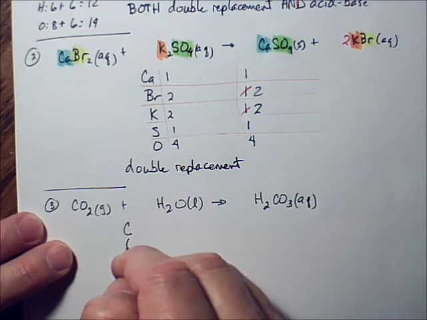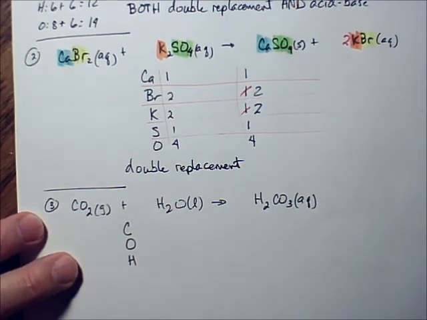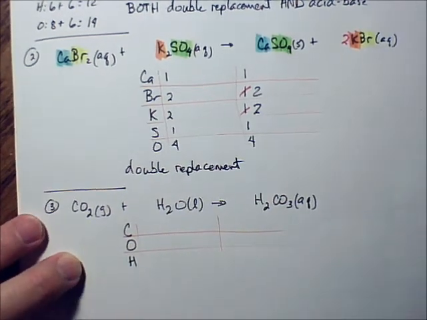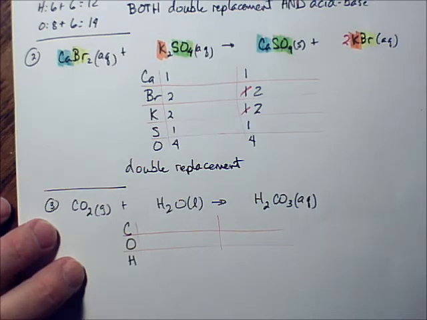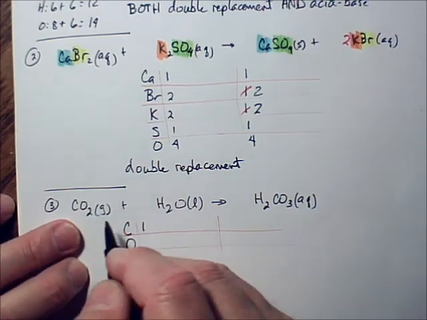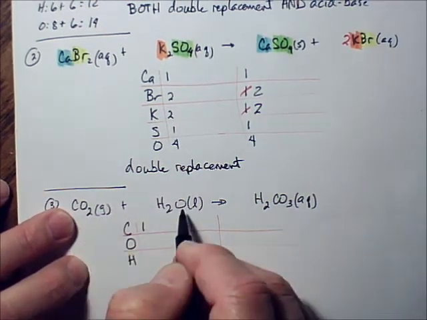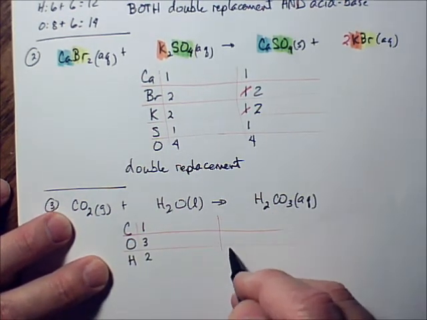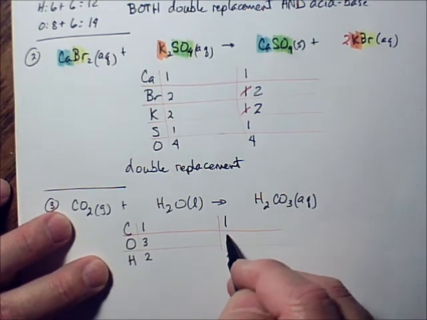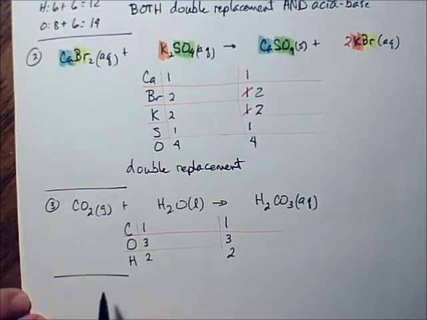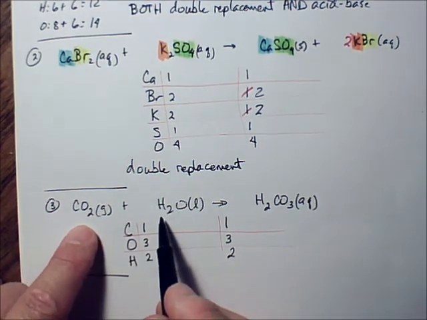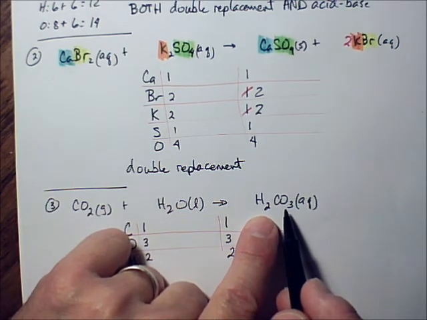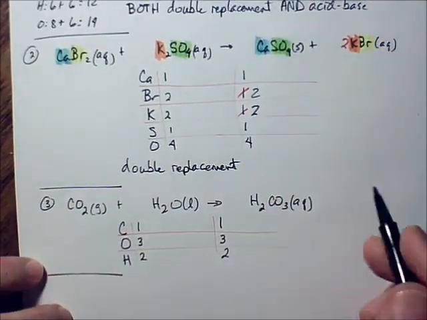So we've got carbons and oxygens and hydrogens. 1 carbon, 2 oxygens here and 1 over here. That's 3. And 2 hydrogens. 2 hydrogens over here, 1 carbon, 3 oxygens. And it's balanced already. I have 2 simpler compounds joining together to make a more complex compound. And that, by definition, is what synthesis is.